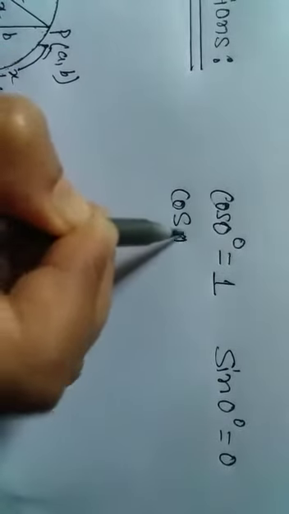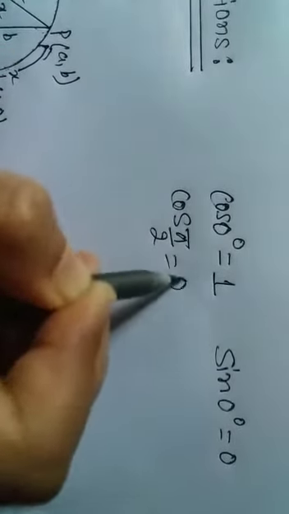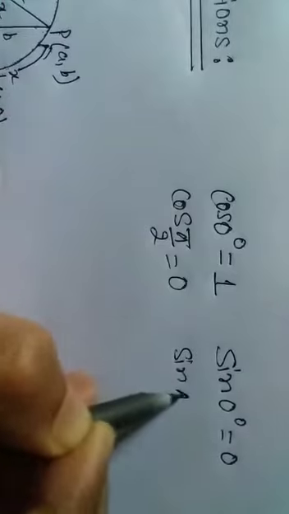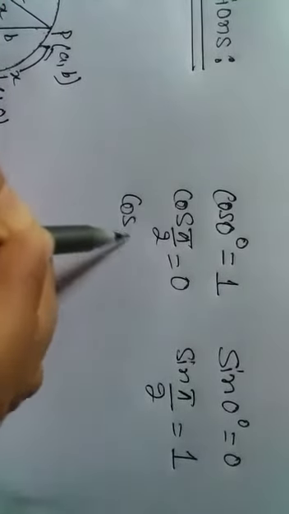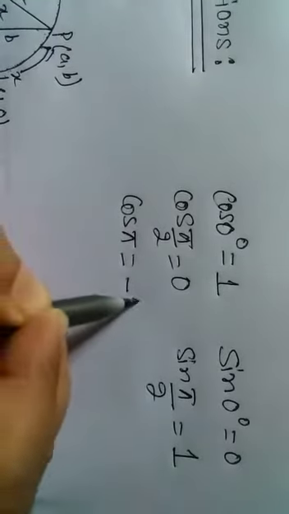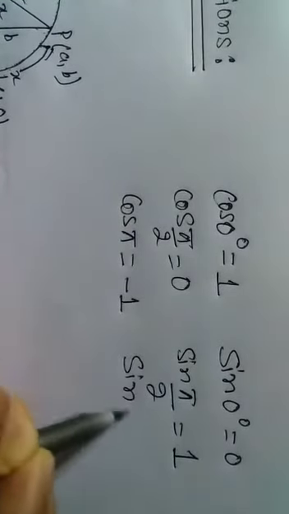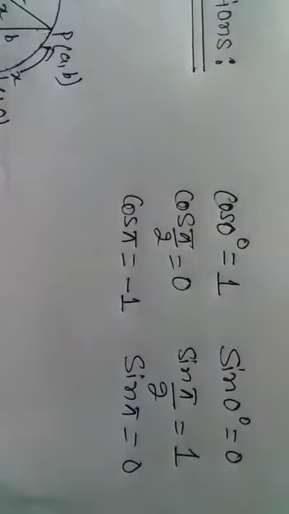We know that cos pi by 2 is 0 and sin pi by 2 is equal to 1. Again, cos pi is equal to minus 1 and sin pi is equal to 0.